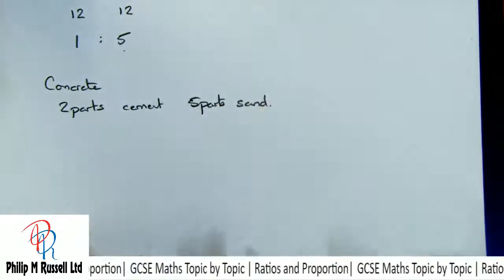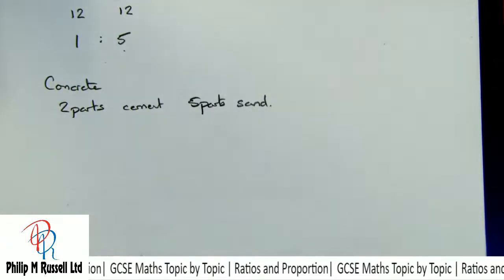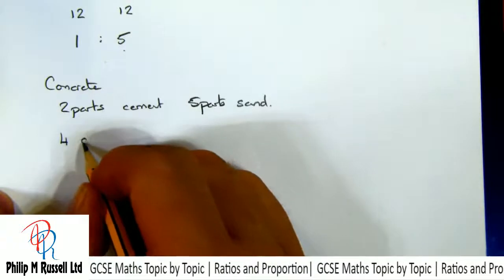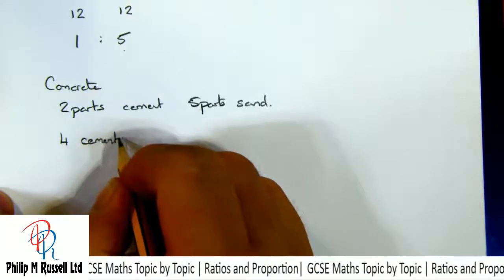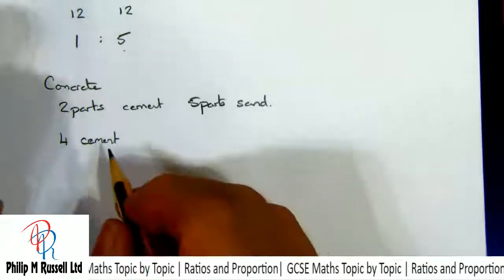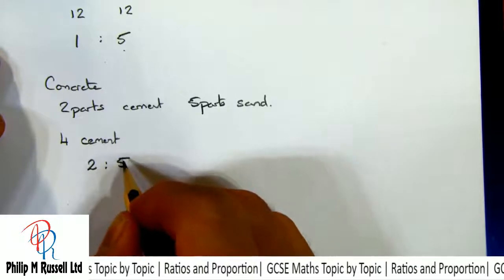And we can turn these to any particular numbers we want. So let's suppose I use 4 of cement. How much sand am I going to require? So let's work out what we've got. We've got 2 to 5.